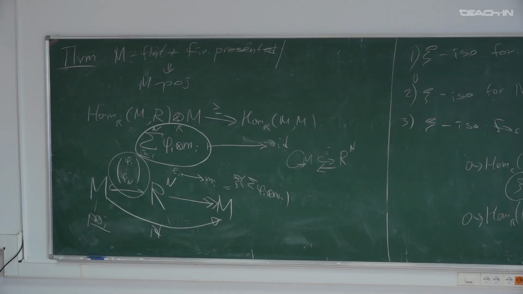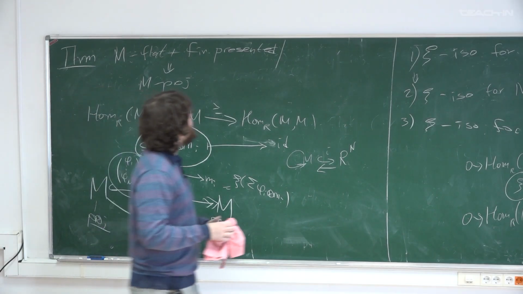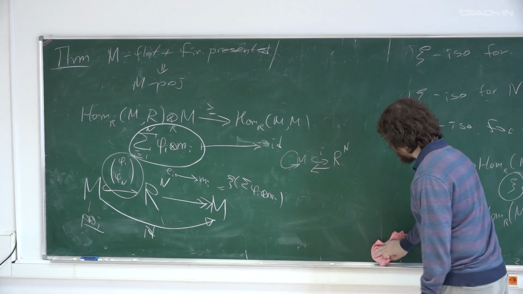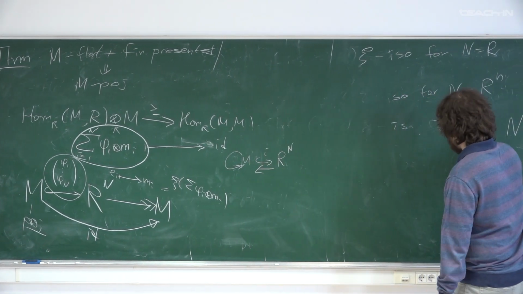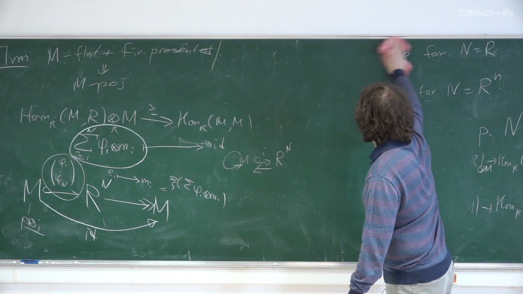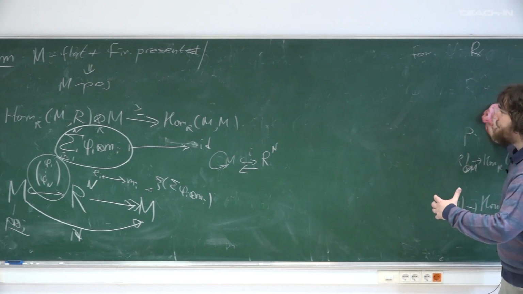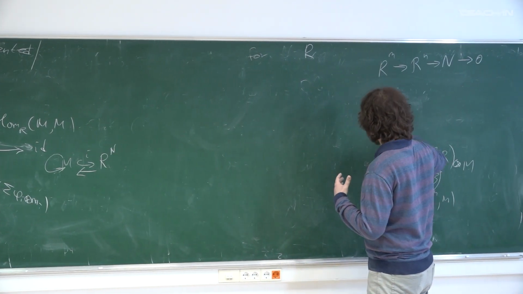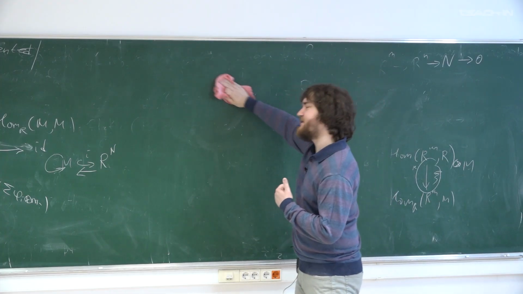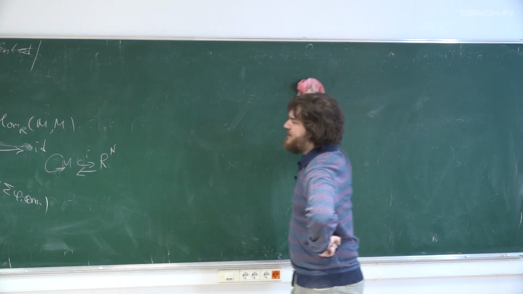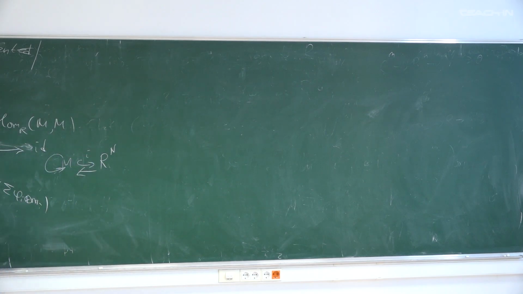Okay. There are some rings, Noetherian rings, over which any submodule of a finitely generated module is finitely generated.